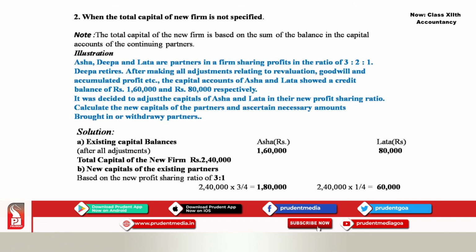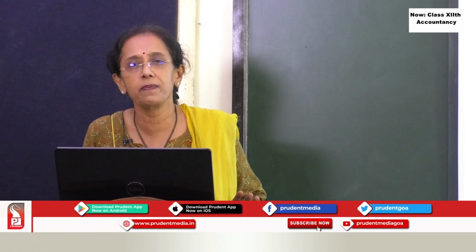So we get 1,80,000 and 60,000 respectively. Okay, so what you find here is in Asha's case, Asha's new or required capital is 1,80,000 and her existing capital is only 1,60,000. That means she is short of how much? 20,000.